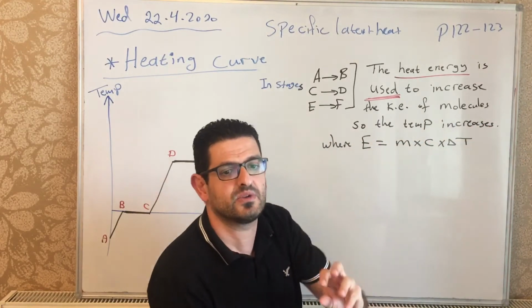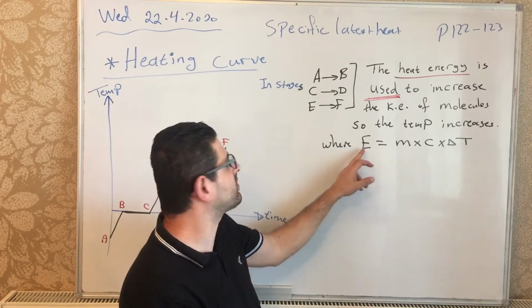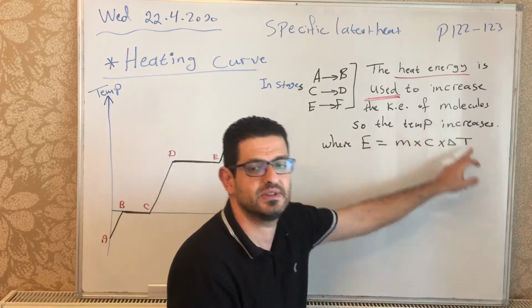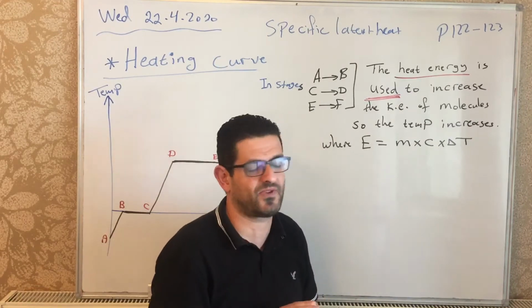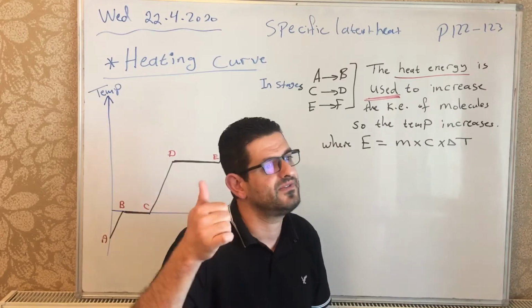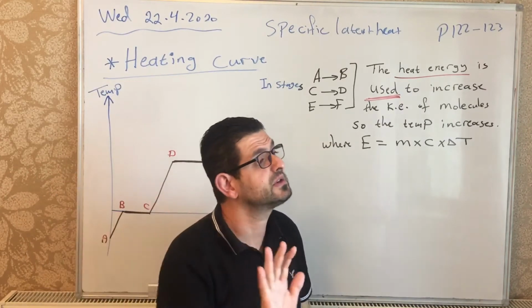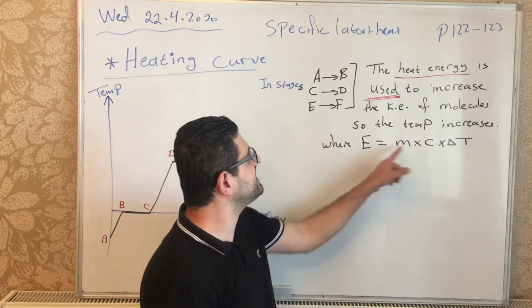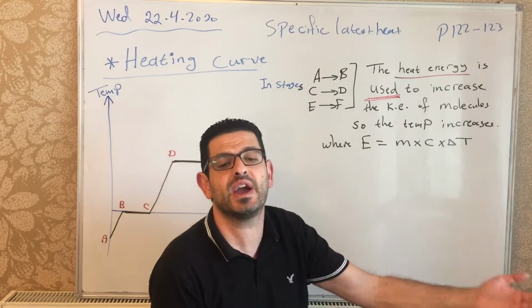If I ask you to calculate this heat energy, the equation is mc delta T. There are two or three equations for thermal energy. We have power times time, which can be used anywhere if power and time are given. If not, we use mc delta T always when there is a change in temperature.